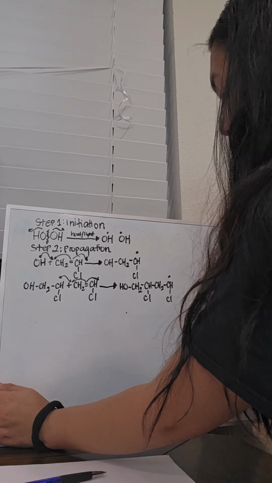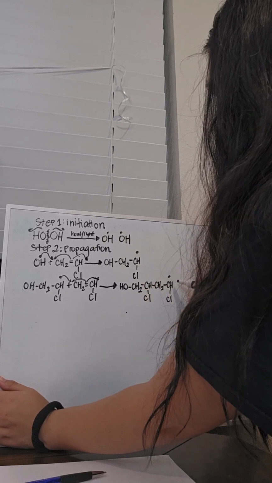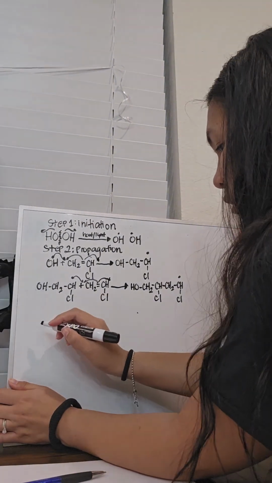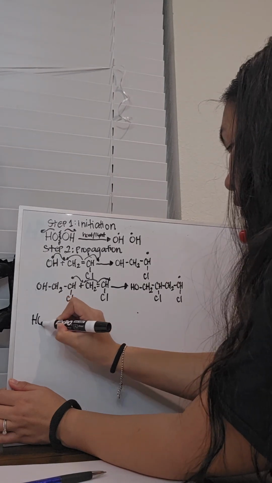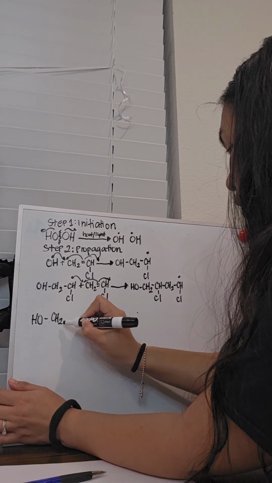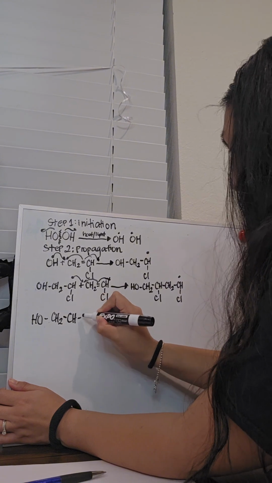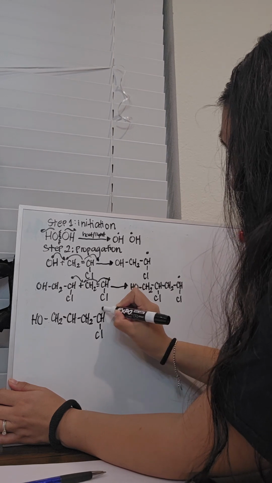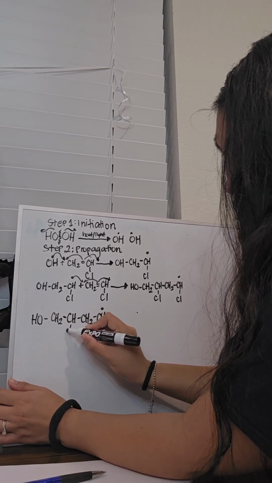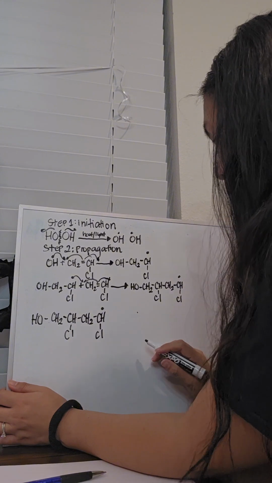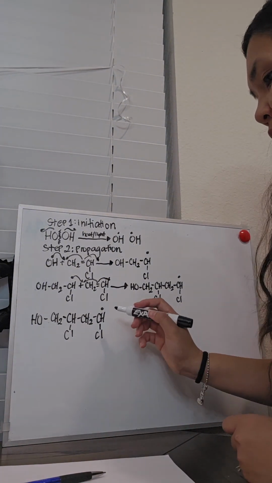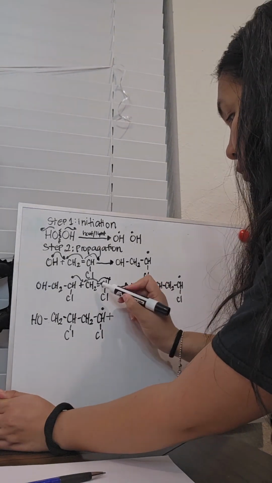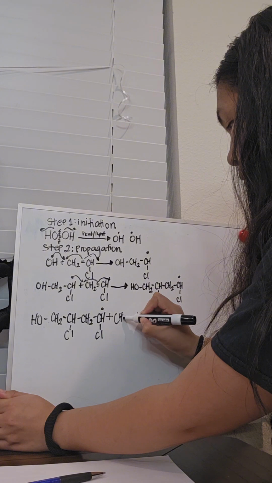And then the reaction continues. So the product of step 2 of the propagation, let's go ahead and write that down first. So this is the product of the second step. Right there. So then this product from step 2 will react with another vinyl chloride monomer.